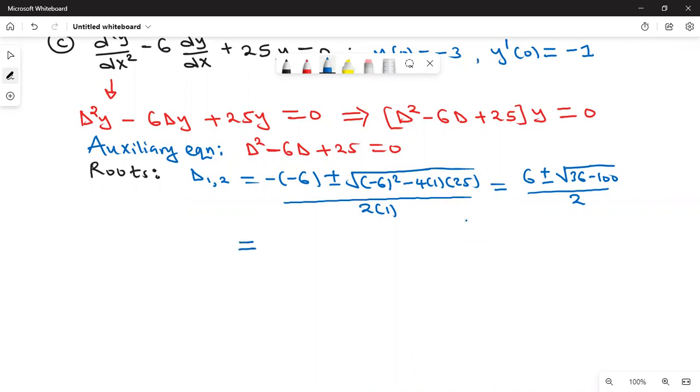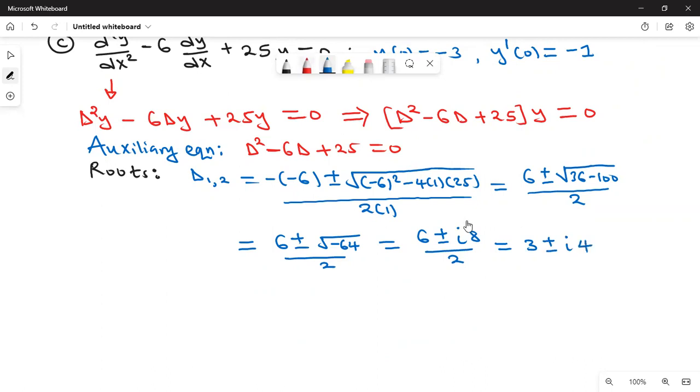So this is the same as 6 plus or minus the square root of negative 64 over 2, and this can be written as 6 plus or minus iota times 8 over 2, which is the same as 3 plus or minus iota times 4.